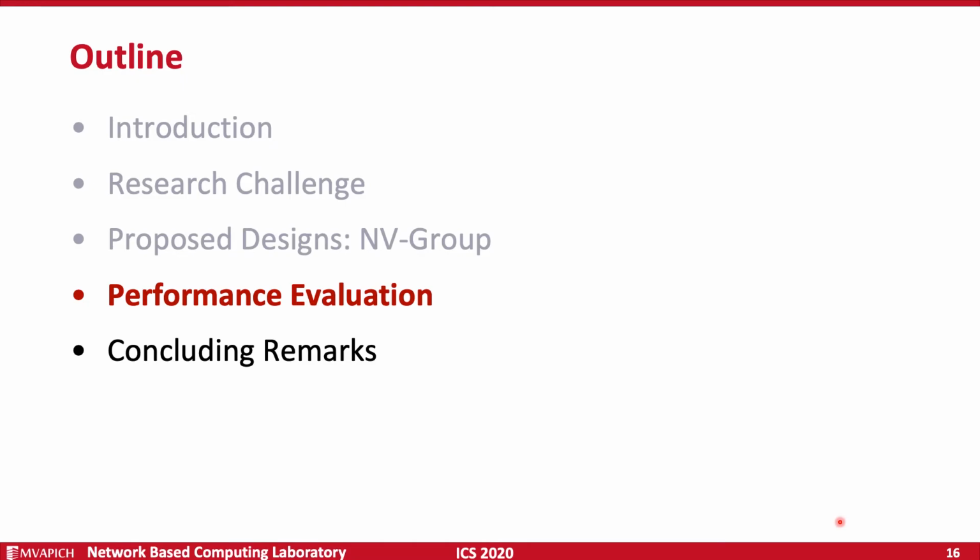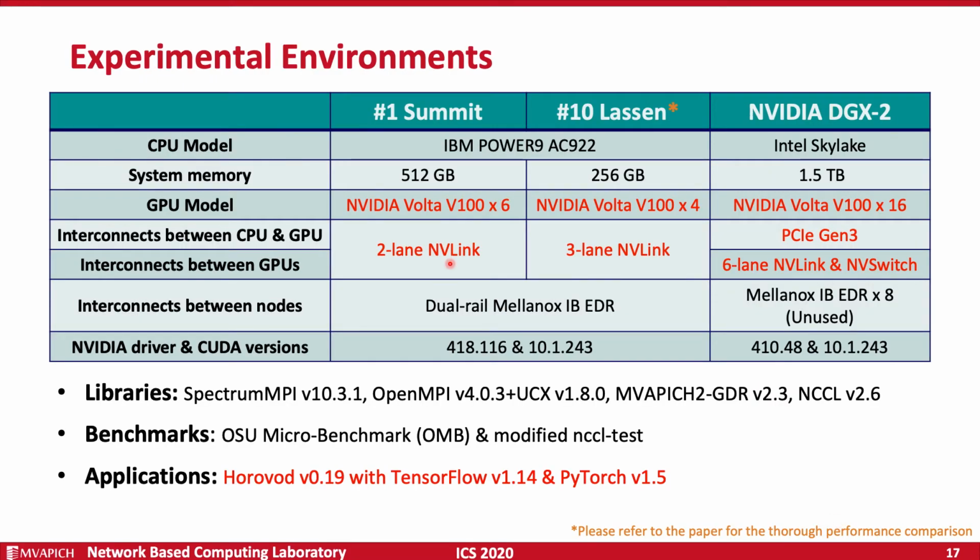Then let me share some performance numbers. We conducted the experiments on three systems. First is the number one Summit system. It has 6 GPUs per node, and of course, it has NVLink between CPU and GPU.